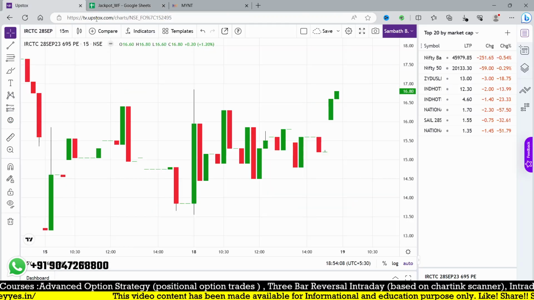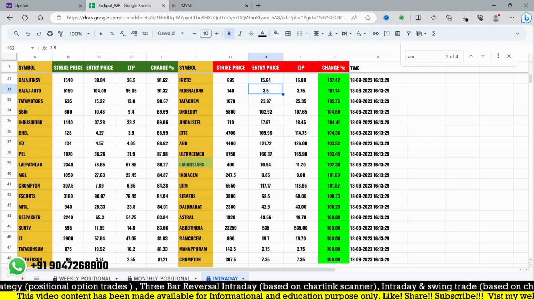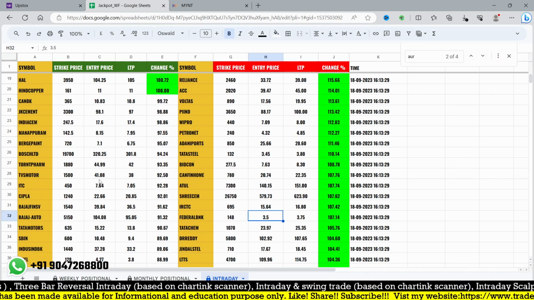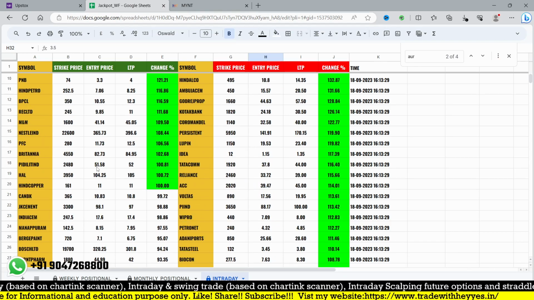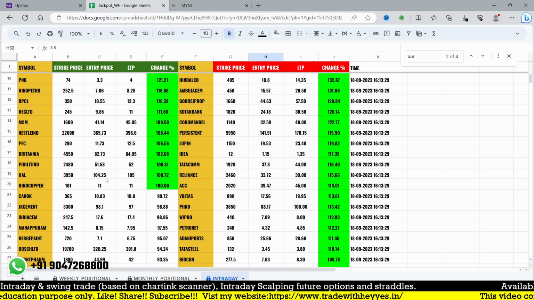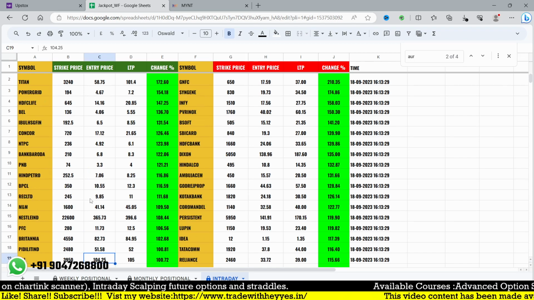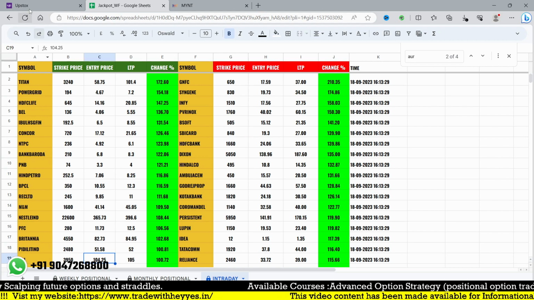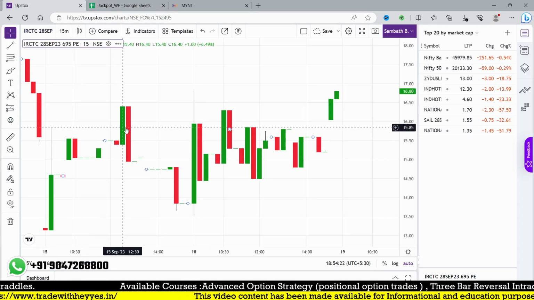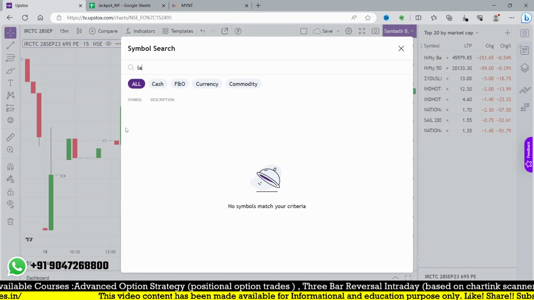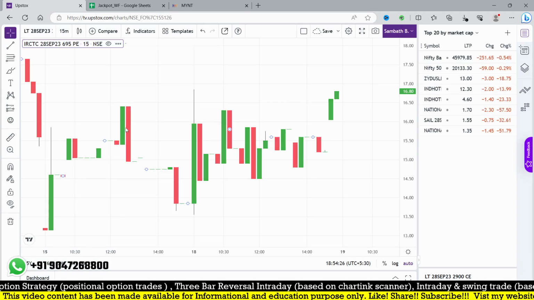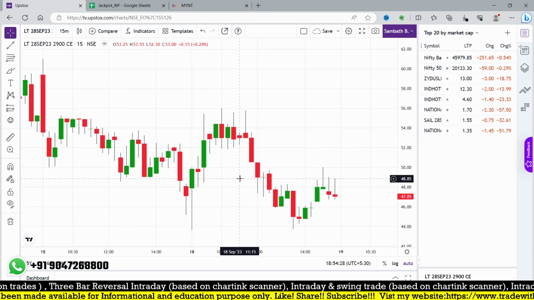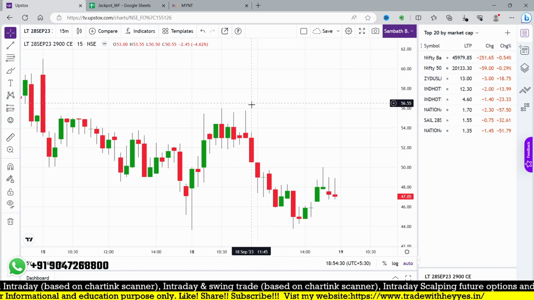One more stock today in the morning I found was HAL, but we couldn't find it. And LNT 2900 something I saw. LNT 2900 call also I just checked, and this also did not work. It didn't give an entry, I think.